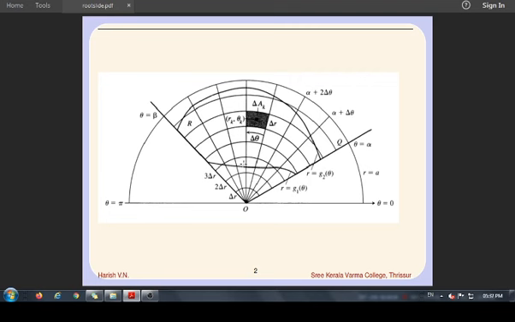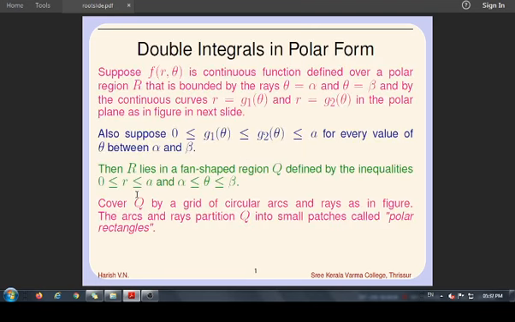So let us go to the previous slide. R lies in a fan-shaped region Q defined by the inequalities 0 less than or equal to r less than or equal to a, and alpha less than or equal to theta less than or equal to beta.